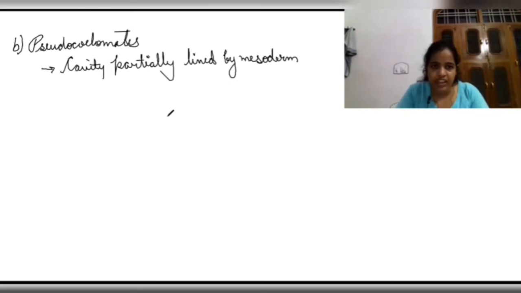This is again the gut, and the gut is surrounded by endoderm, right? Now, after this endoderm, we have some cavity present, and on the outer side, there will be these mesodermal cells present like this.